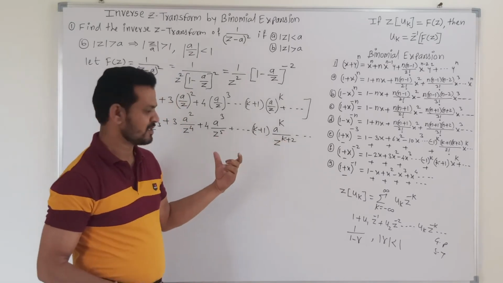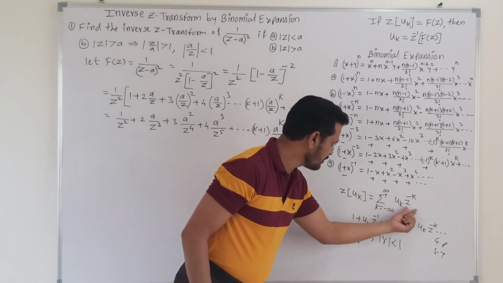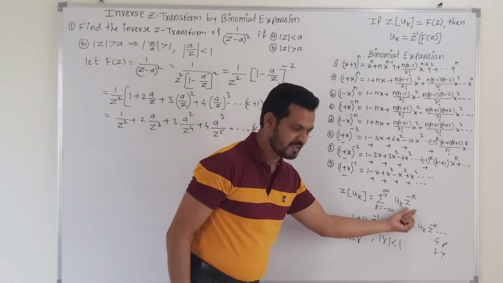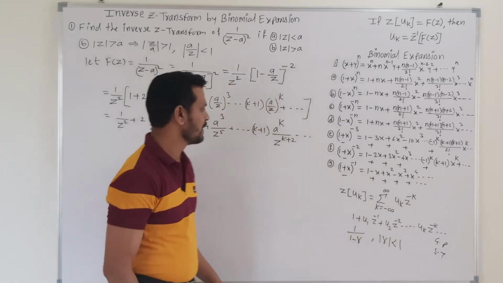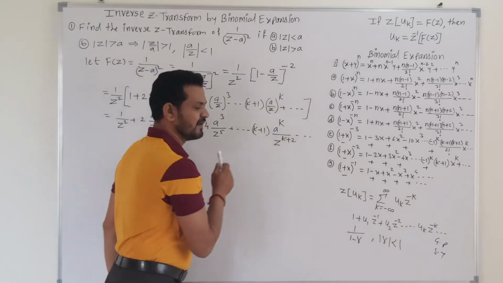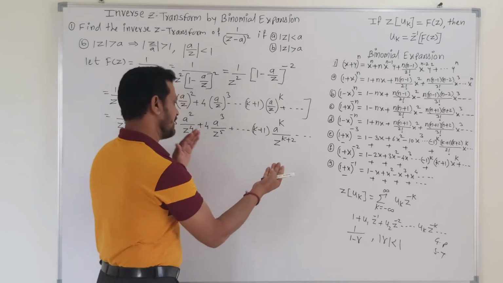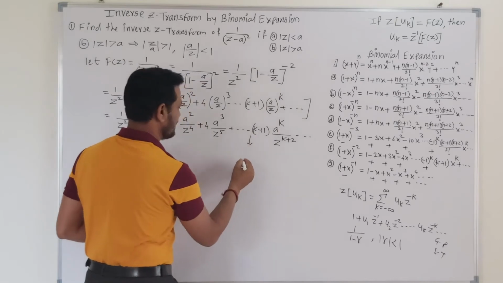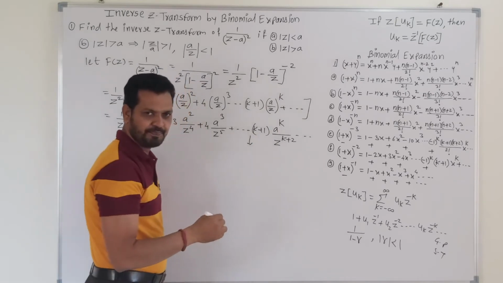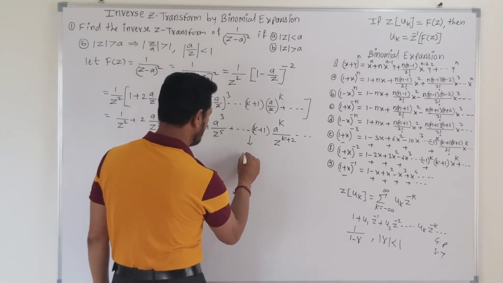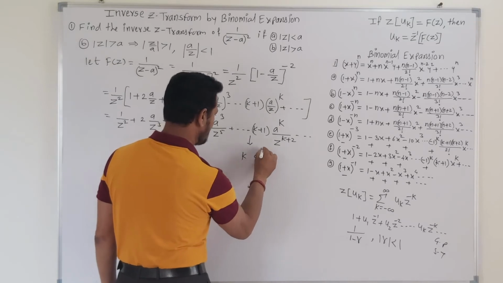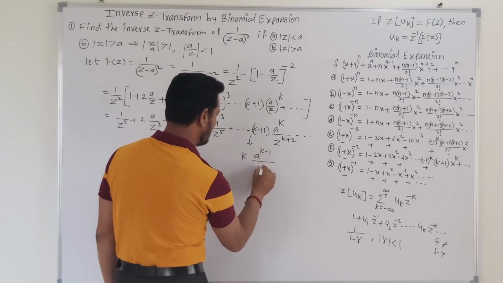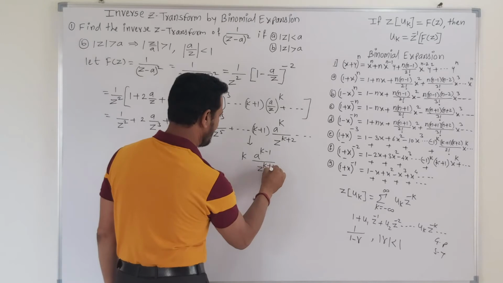But this is not our interest. Our interest is to find out the coefficient of z raised to minus k, which is the value of sequence uk. Now here we get the power of z as k plus 1. Now take previous two terms. Then we may write previous two terms as, so replace previous one term. So we get this as k, then a raised to k minus 1 upon z raised to k plus 1.